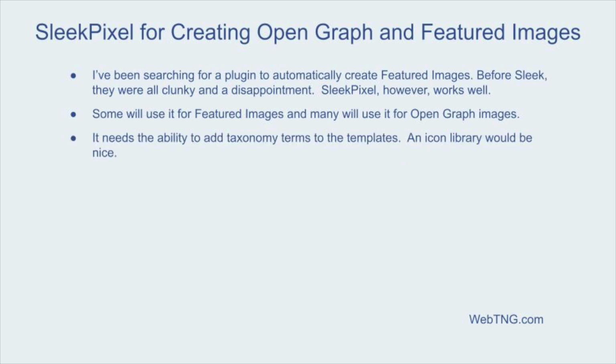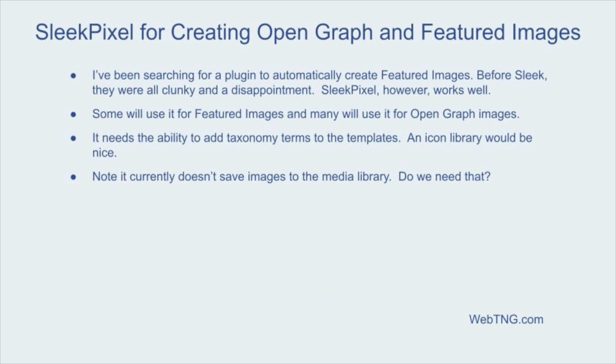Note, for example, that while there are conditions for display for different taxonomies and taxonomy terms, there is not the ability to output the taxonomy term using one of the dynamic tags. Also, it would be nice to have an icon library in the editor to pull from, give you a little more flexibility and options when you're creating the templates.